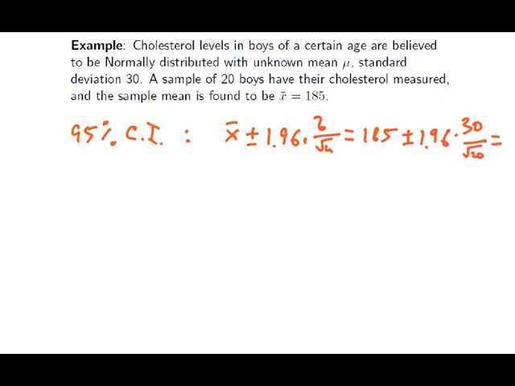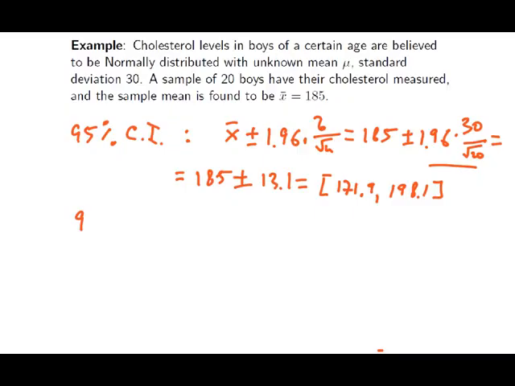And this is 185 plus minus, if we calculate this number, 13.1. So the 95% confidence interval is given by the interval 171.9 and 198.1. So in 95% of cases, values of mu will be in this range.